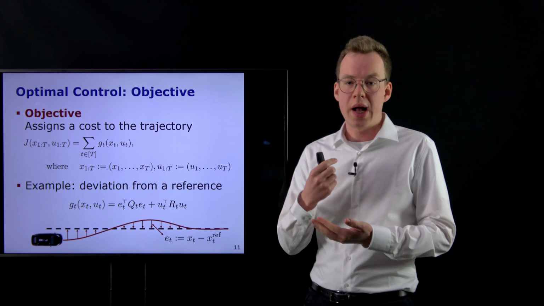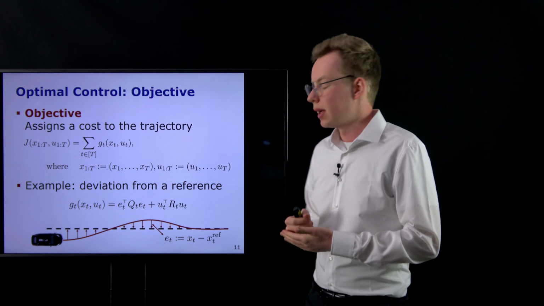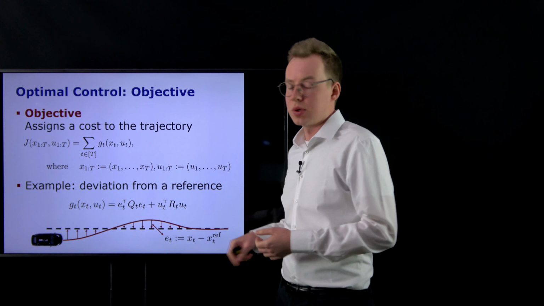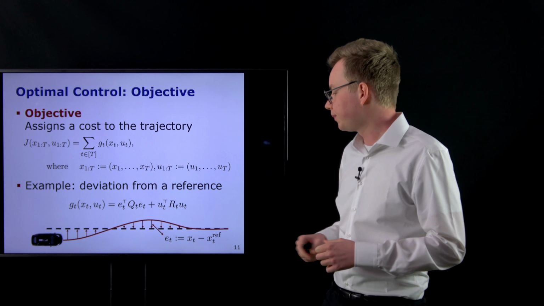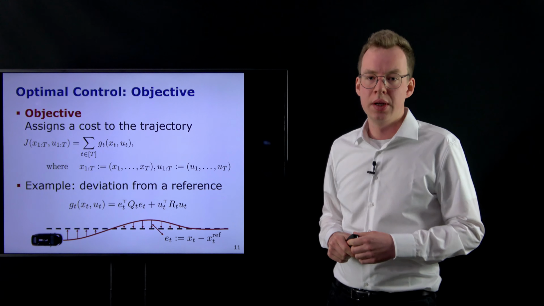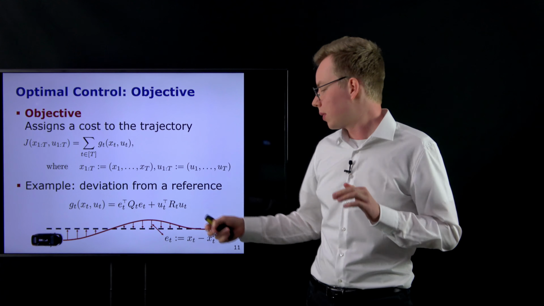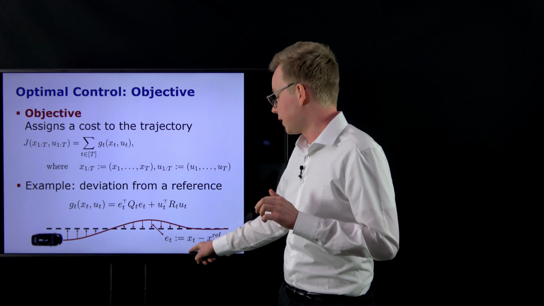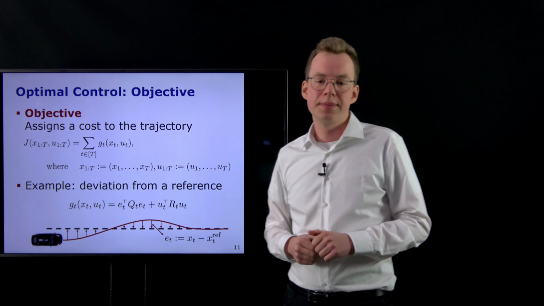So the state where we are at according to our prediction, and the state that we would want to be at at that time step. And then we weigh these errors with this weighting matrix Q to say which part of this error, which is a vector, is more important than others.